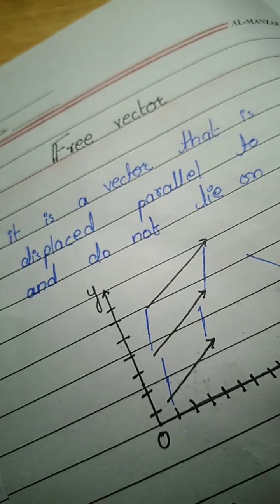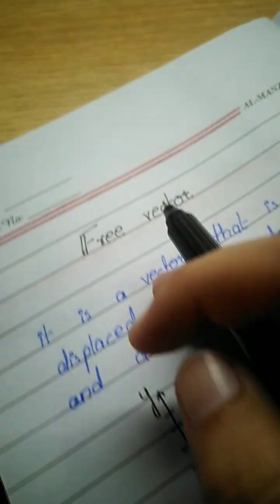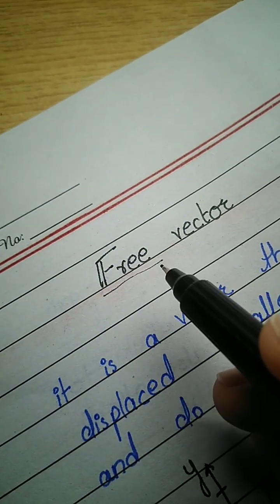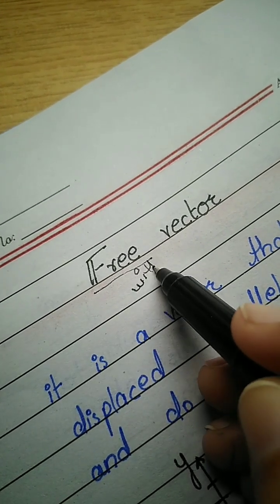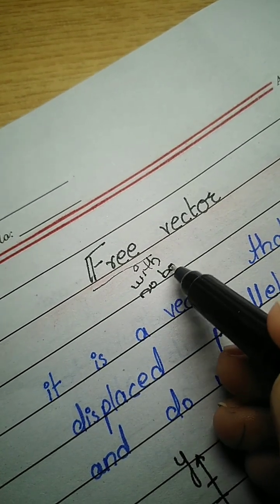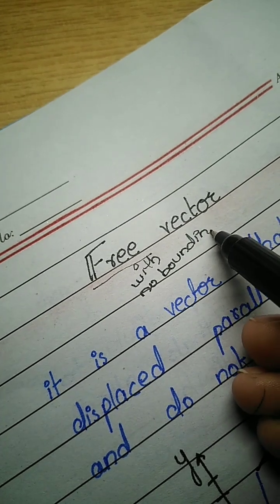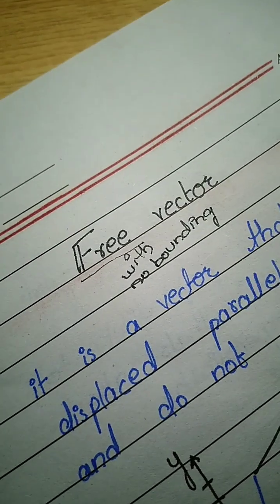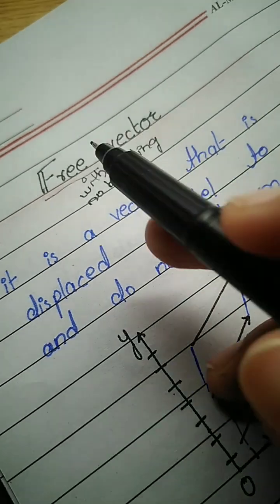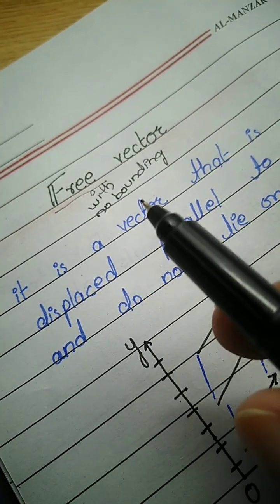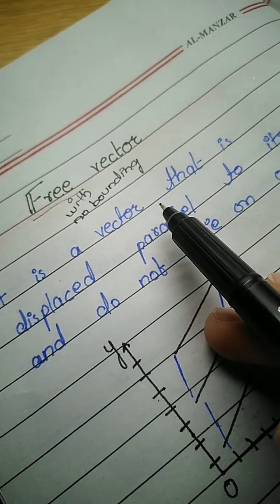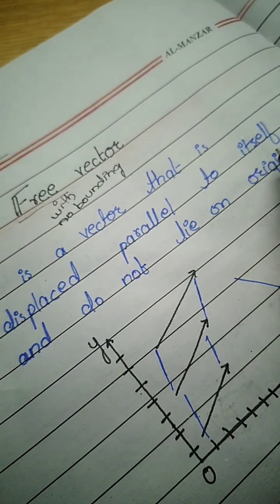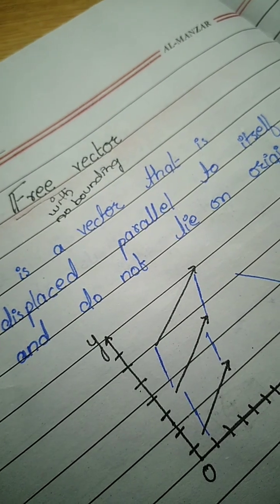Now let's talk about the free vector. The word free means with no bounding. As the word says, free, it does not have any bounding. It is a vector that is displaced parallel to itself and does not lie on the origin.